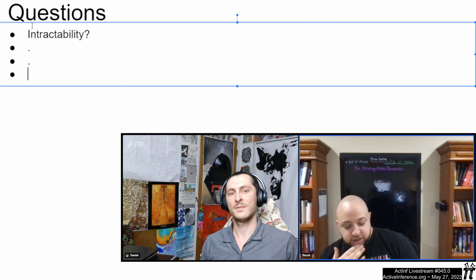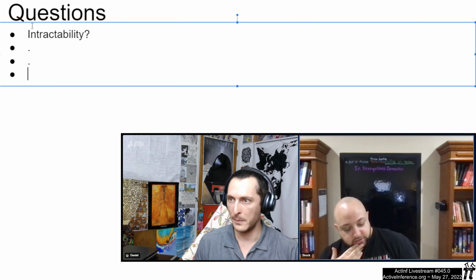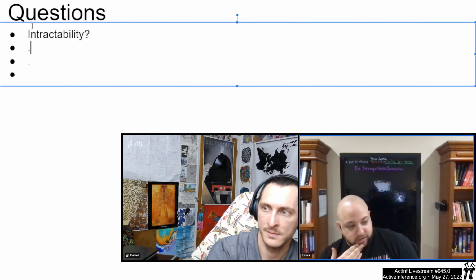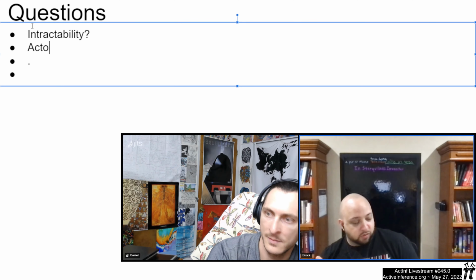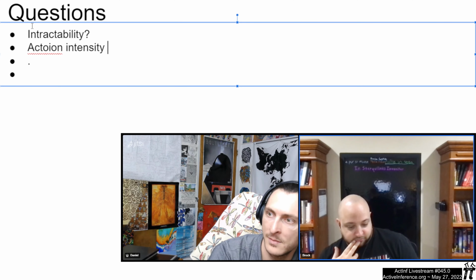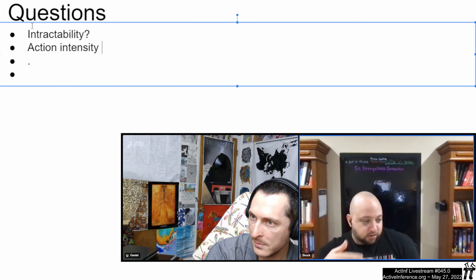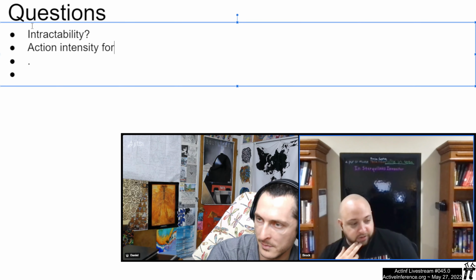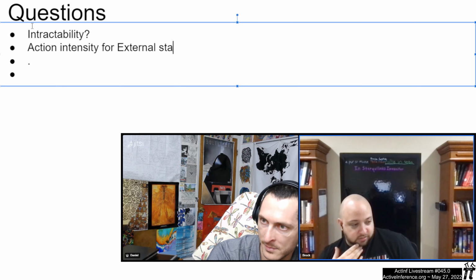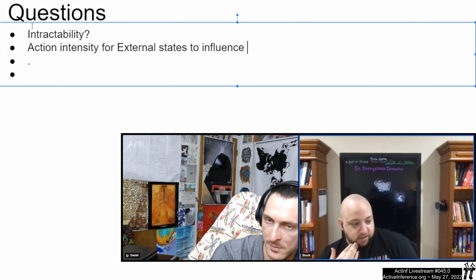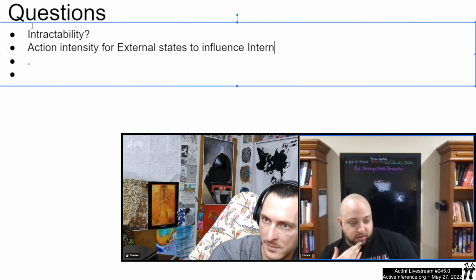Like how action intensive is it for information to cross, or for the external states to indirectly influence the internal states, right?